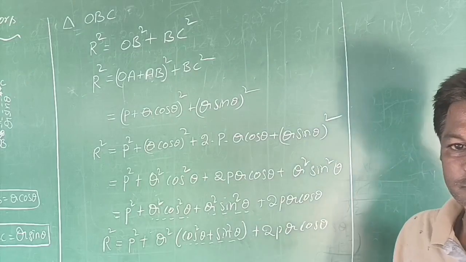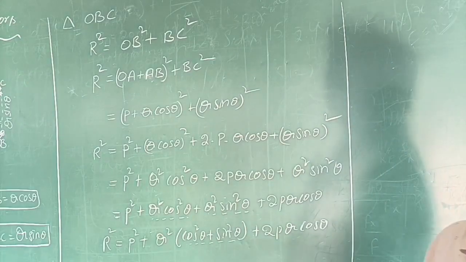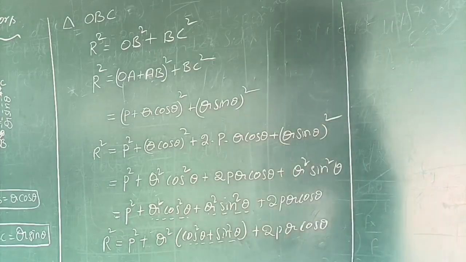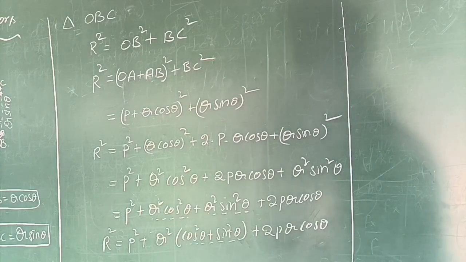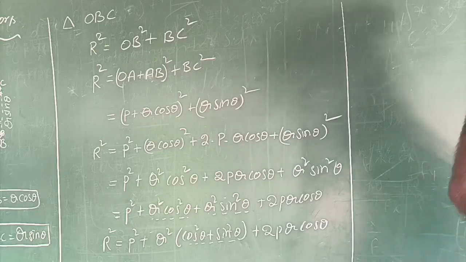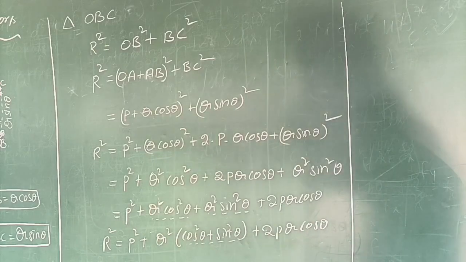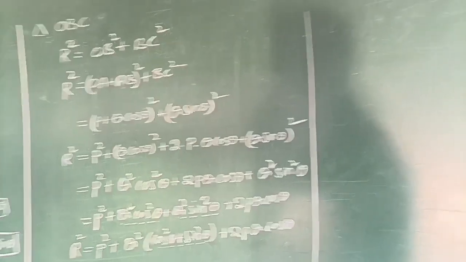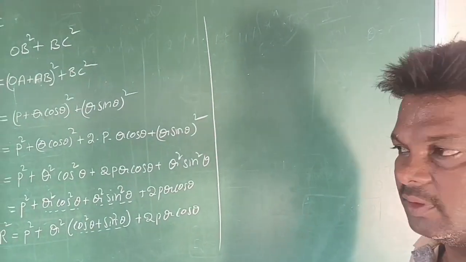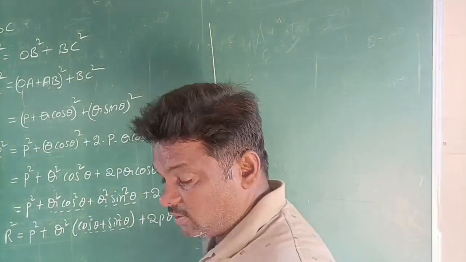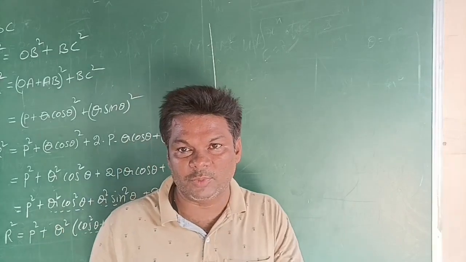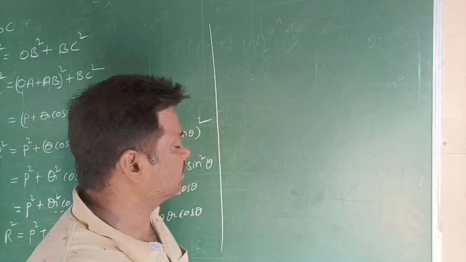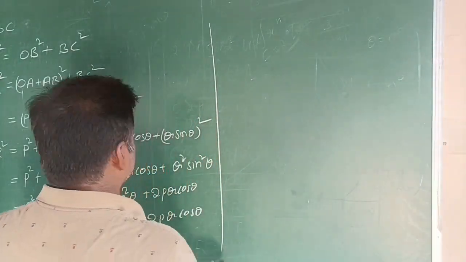So note it down. This is a very useful formula in your next level of IIT foundation. By using this only, we are going to solve hundreds of problems in physics. That's why you need to know everything about this.